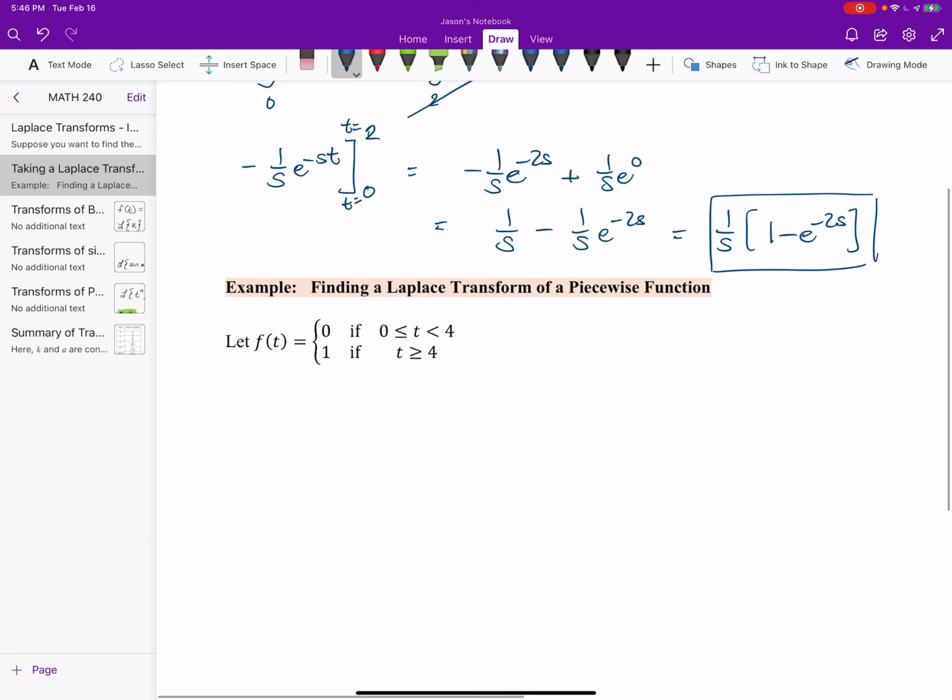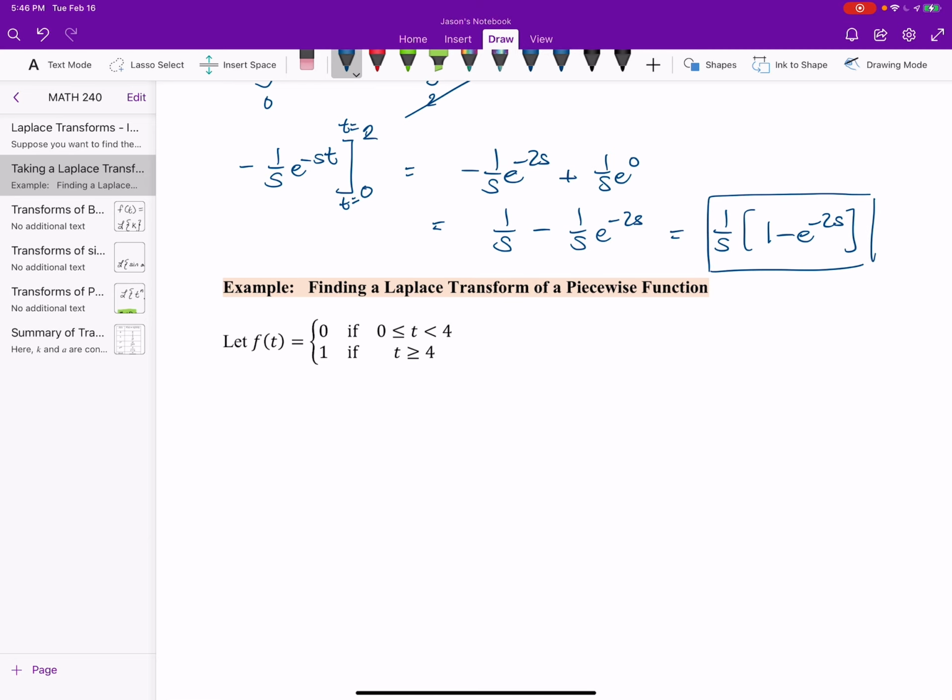Let's flip the script a little bit. Let's say it starts out being 0 for the first 4 seconds, and then we jump up to 1 infinitely. So the Laplace transform is going to be the integral, now not from 0 to infinity. From 0 to 4, we're integrating 0, so that's going to be a non-issue.